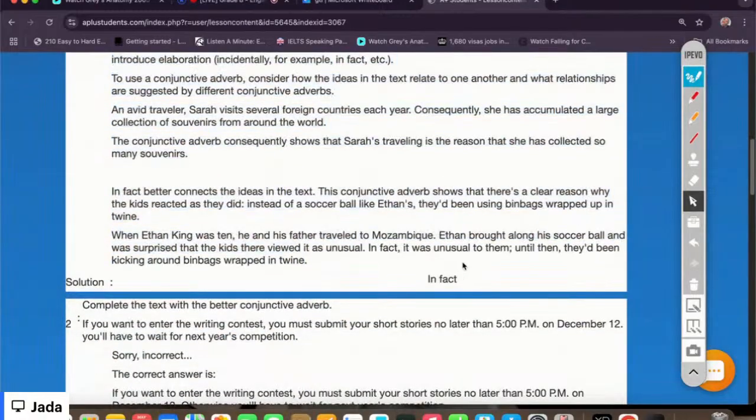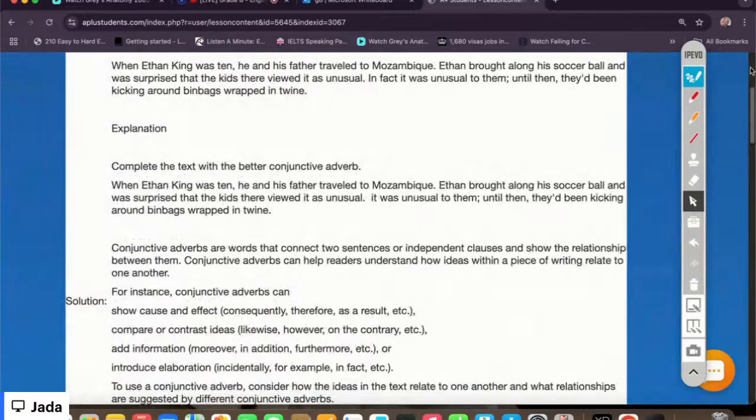So we have, in fact. And it says that in fact better connects the ideas in the text. This conjunctive adverb shows us there's a clear reason why the kids reacted as they did. Instead of a soccer ball, they had been using beanbags. Okay?